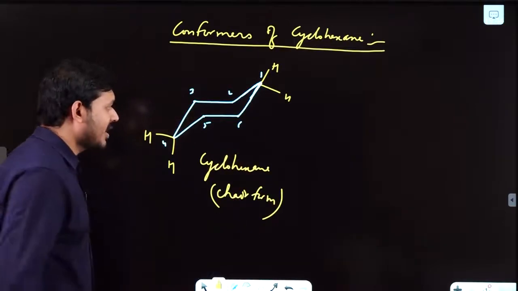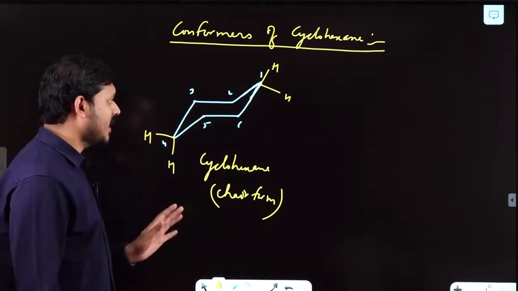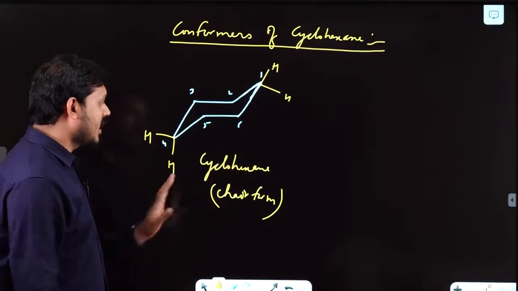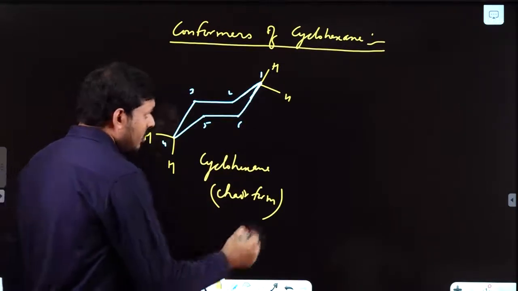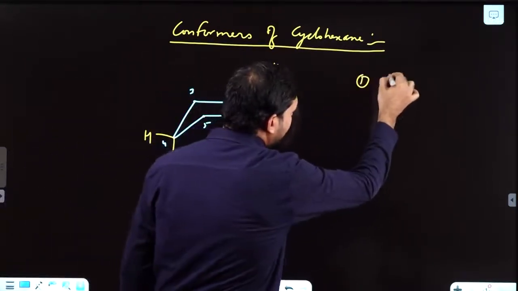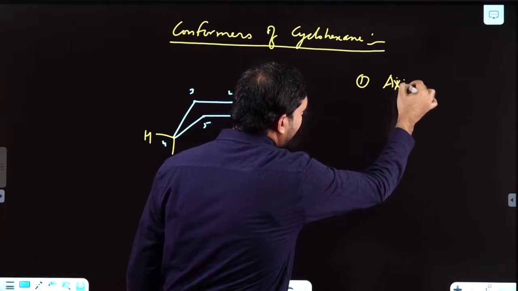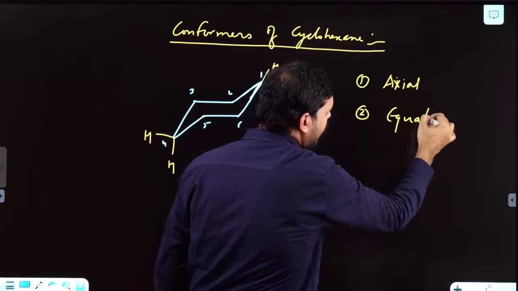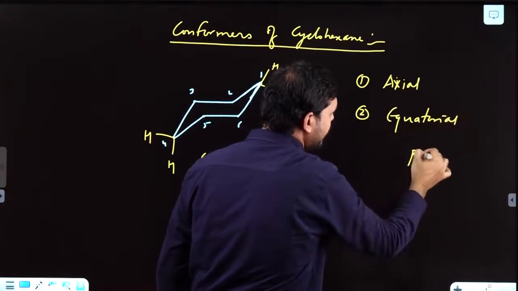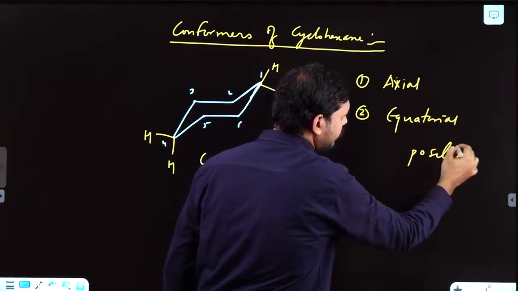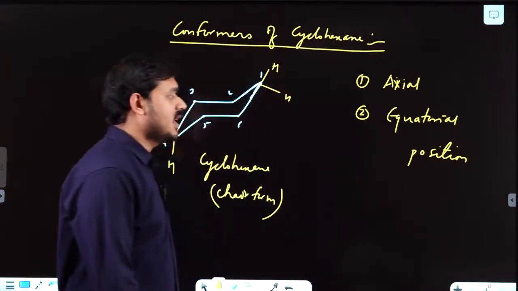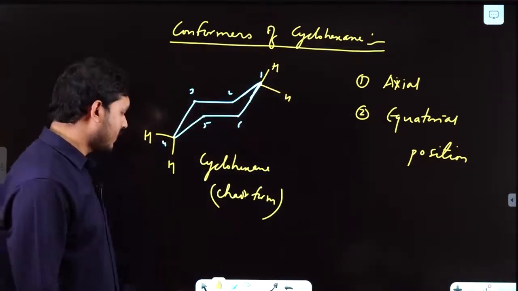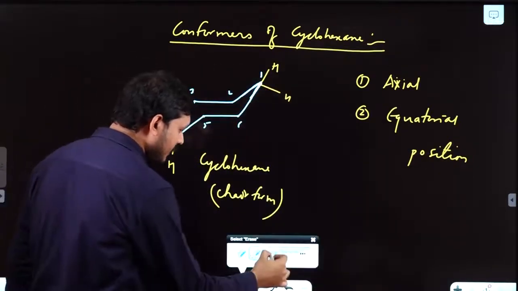Okay. Now I am explaining a few important terms regarding this chair form. So first is your axial, second is your equatorial positions. Now what are these axial and equatorial positions? So first consider with an example.